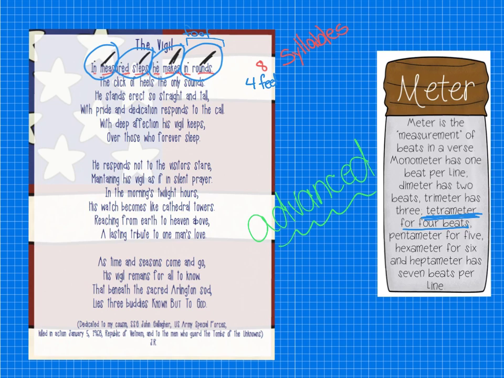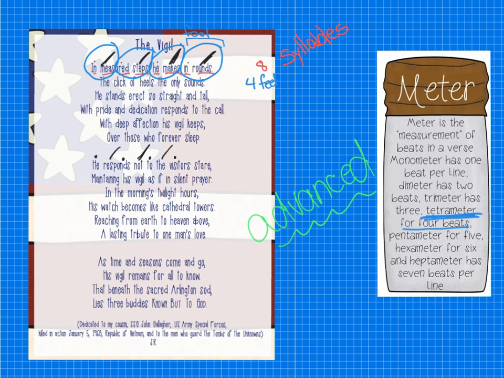What we can do now is take a look at some of the other lines and see how they compare. So let's say that I look at the first line in the first stanza. Now I'm going to come down to the first line in the second stanza. "He responds not to the visitor's stare."